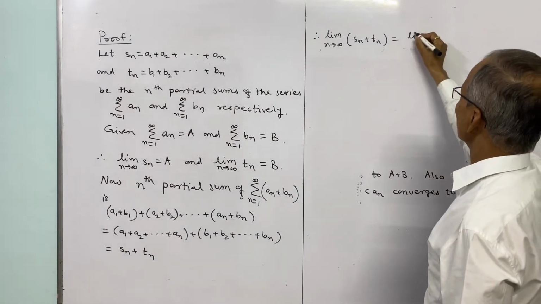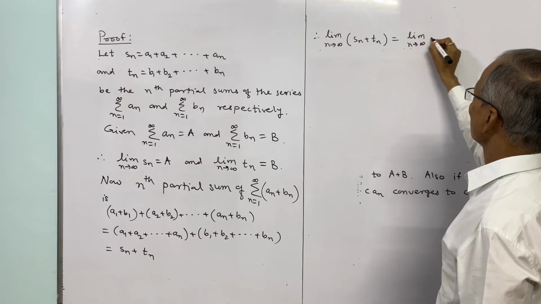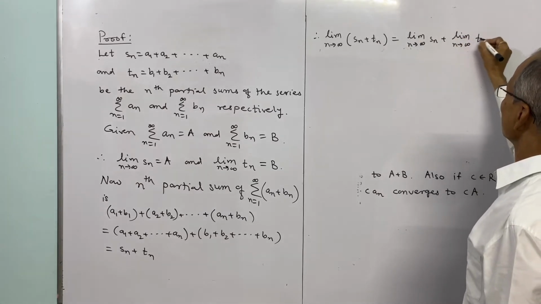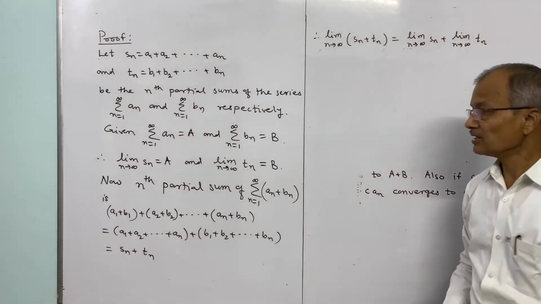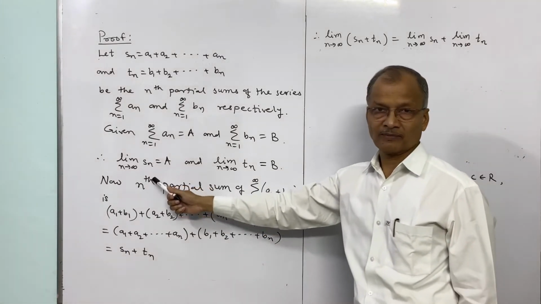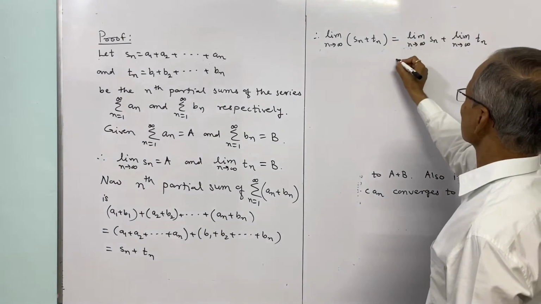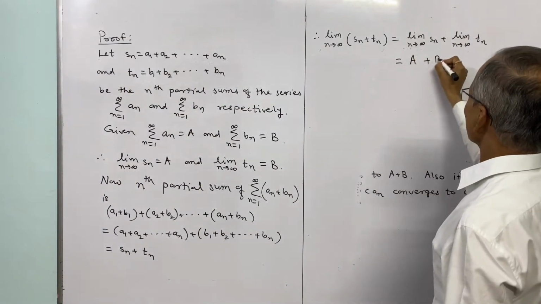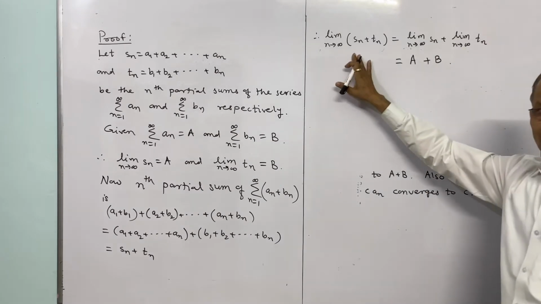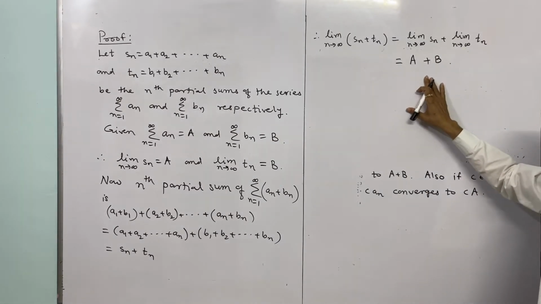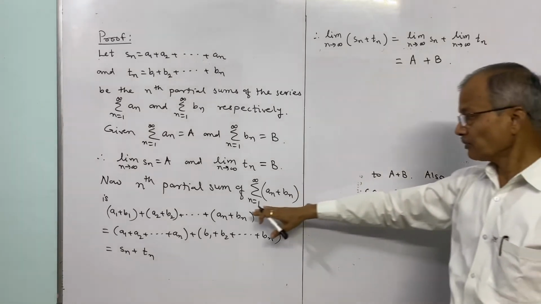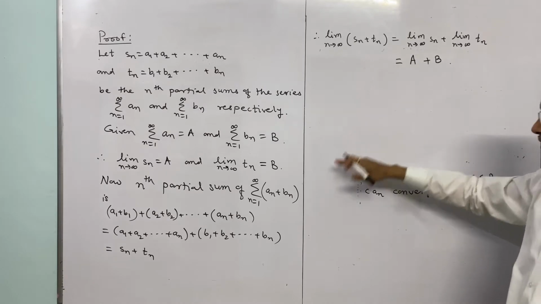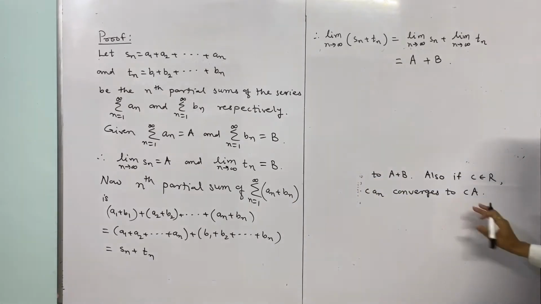That is the limit of Sn plus the limit of Tn. And what is the limit of Sn? It is A, because the first series converges to A, and the limit of Tn is B. Thus the limit of Sn plus Tn is equal to A plus B, meaning the nth partial sum of this series converges to A plus B, and this shows that the series converges to A plus B.